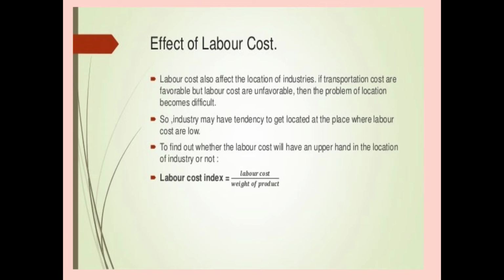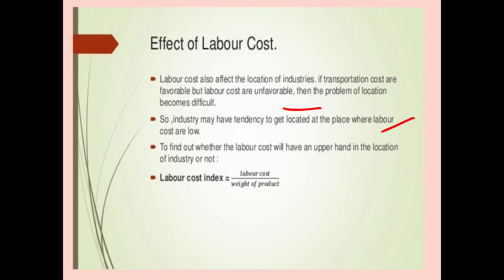So the effect of transportation on labor cost. The labor also affects the location of industries. If the transportation costs are favorable but labor costs are unfavorable, then the problem of location becomes difficult. So industry may have the tendency to get located at the place where the labor costs are low.